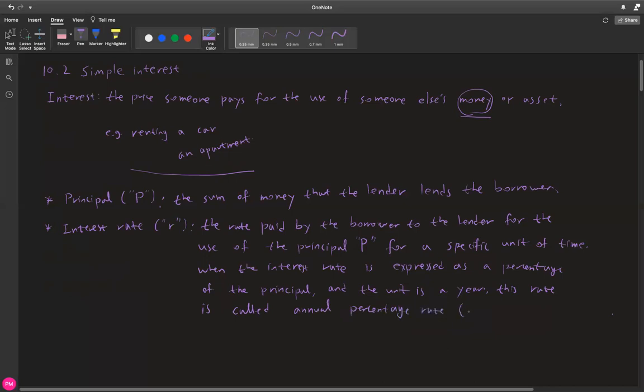In other words, this would often be abbreviated to APR.